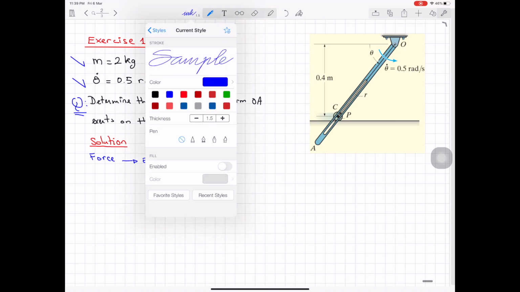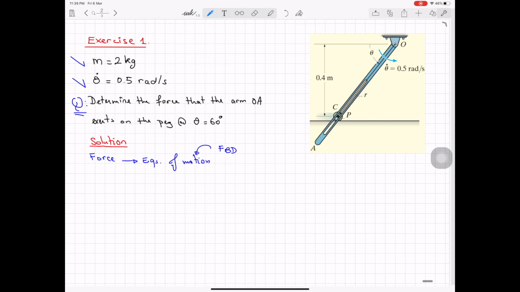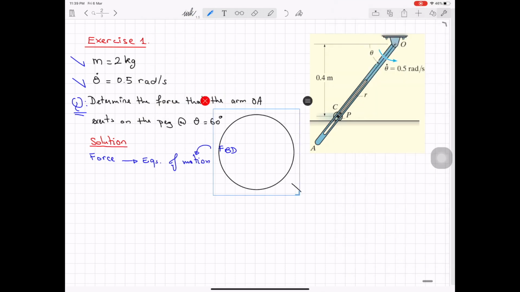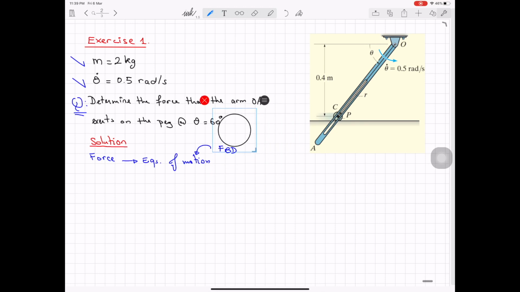In a free body diagram, you have to be very careful because you are going to isolate the mass, and once you isolate the mass from its environment, you will need to represent the environment in terms of forces.